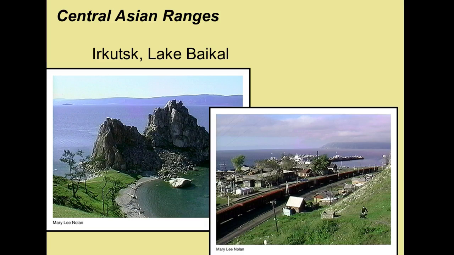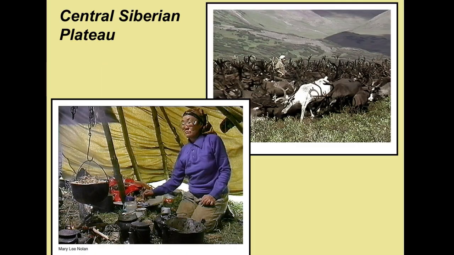Okay, a few images of Russia. I mentioned Lake Baikal is the deepest lake in the world. As we'll learn later, one of the challenges that the Soviet Union faced was being able to maintain some sort of cohesion among this vast territory and its highly varied ethnicities of people.